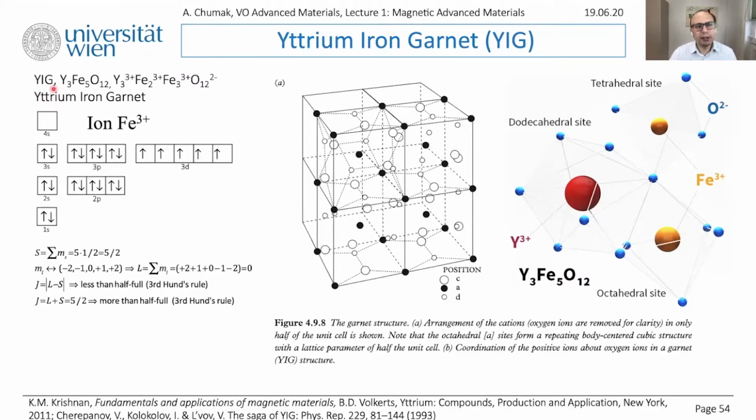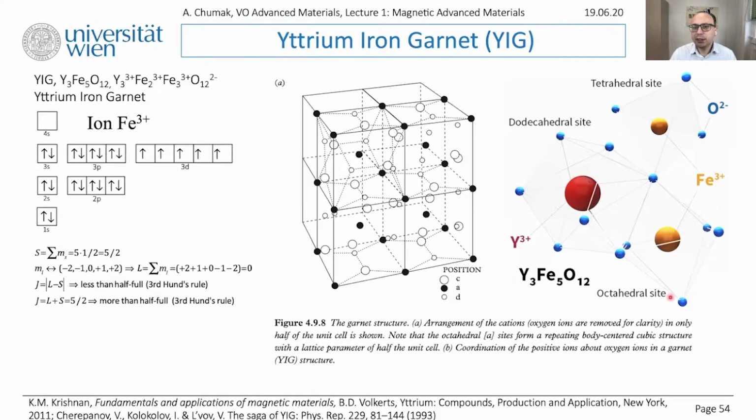Here you can see its chemical formula: yttrium-3, iron-5, and 12 atoms of oxygen. Sometimes you write it in such a form, where these 5 ions of iron are split into 2 parts, 2 and 3.